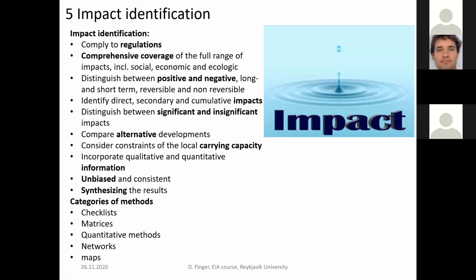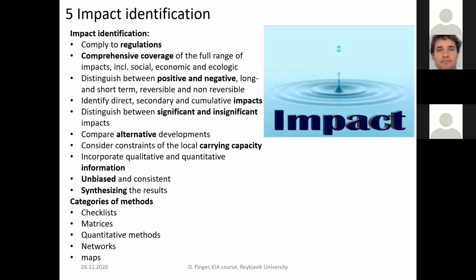So at this stage, again, like I mentioned before, you should have already discussed the screening and the scoping exercise. So you know already more or less what your project is, and you know already more or less what the main environmental impacts should be.